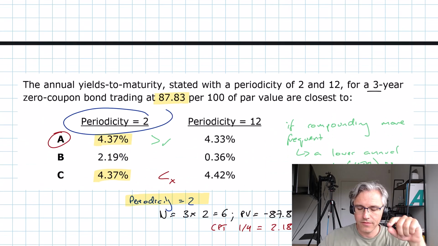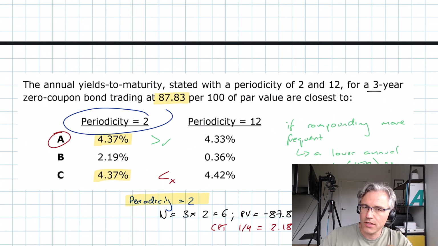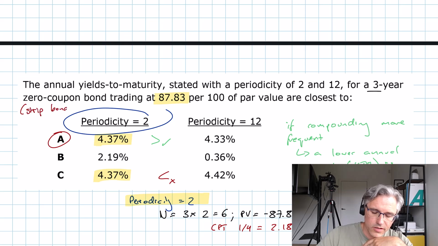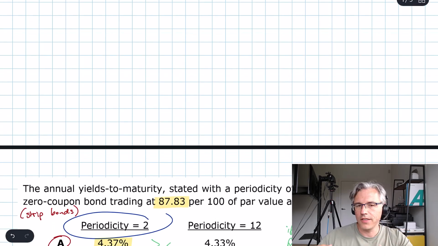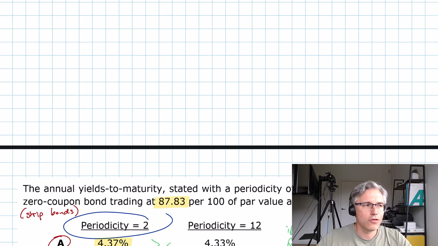Okay. Now all right, let me just go back for a moment here. I talked about this case of zero coupon bonds being similar to strip bonds, so let me just say a few words about that. What you can do is create what effectively is a zero coupon bond out of coupon paying bonds.